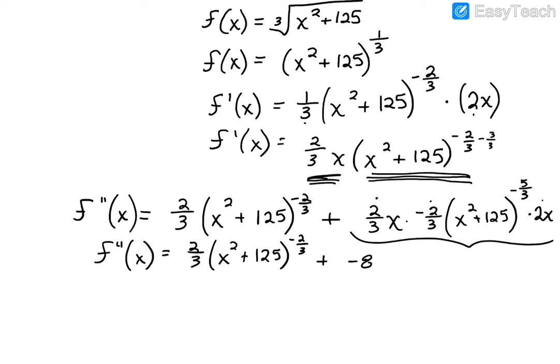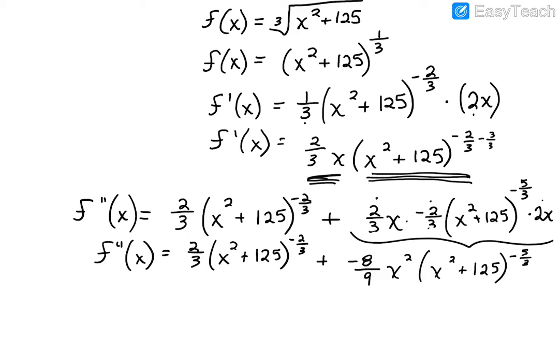And then on bottom, I have a 3 times a 3, so I had a negative 8, and then on bottom I get a 9. And then I've got an x times an x, so that would be an x squared. And then I have an x squared plus my 125 to the negative 5/3. And I'm assuming that they're going to ask you to simplify that a little bit more, which means you're going to have to factor in order to do that.